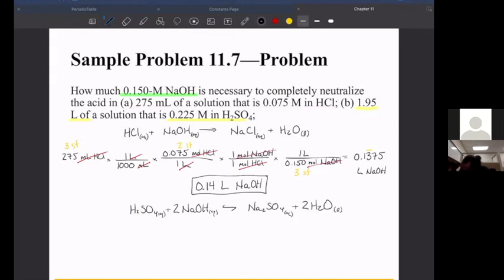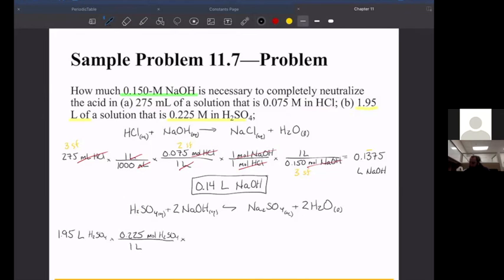I'm going to start with the amount of acid that I have, 1.95 liters of my H2SO4, my sulfuric acid. I don't need to convert to liters because I'm already in liters, so I can just jump to the concentration step: 0.225 moles of H2SO4 in 1 liter of that solution.